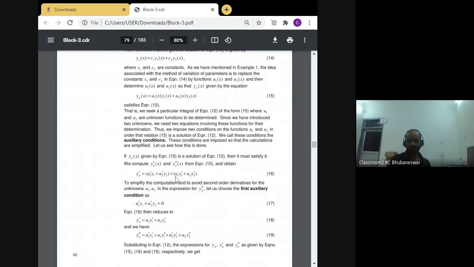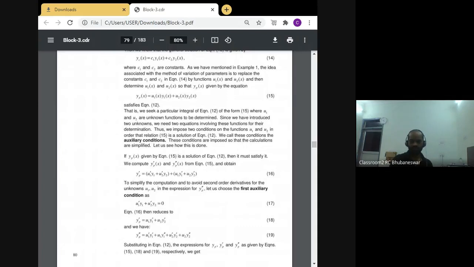So we write u1 dash u2 dash in the first bracket, and the second must be in the form of y1 dash and y2 dash. Now our aim is to find the values of u1 and u2, which are unknown to us according to the variation of parameter method, because here we choose u1 and u2 as the two unknown functions in place of the constants c1 and c2.